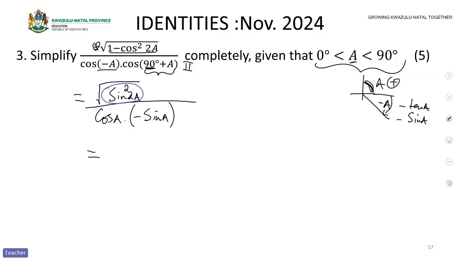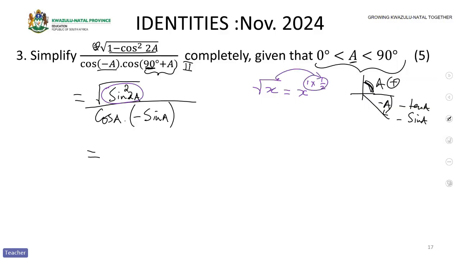Since we have got one term, this radical means that when I've got the square root of x, it means that it is x to the power 1 times 1 over 2. In an exponent, the square root means 1 over 2.